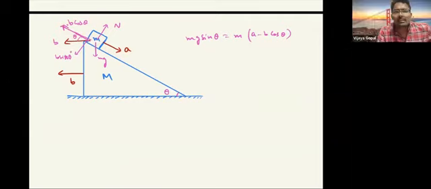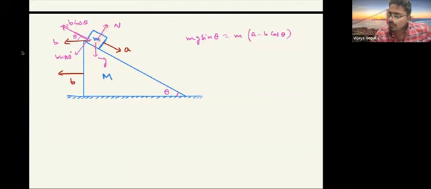And what about the acceleration in the other direction? Perpendicular, no. See, it's going in this direction, so obviously there is acceleration.